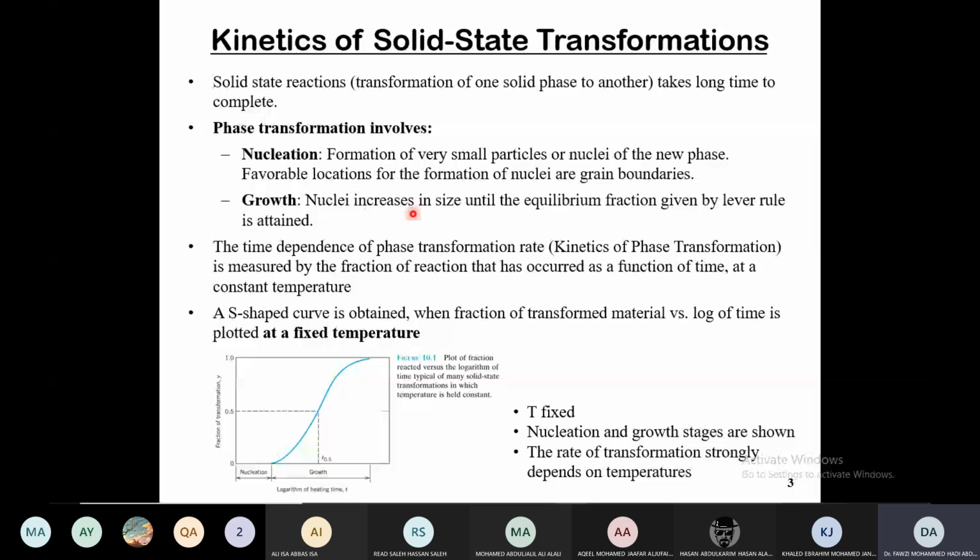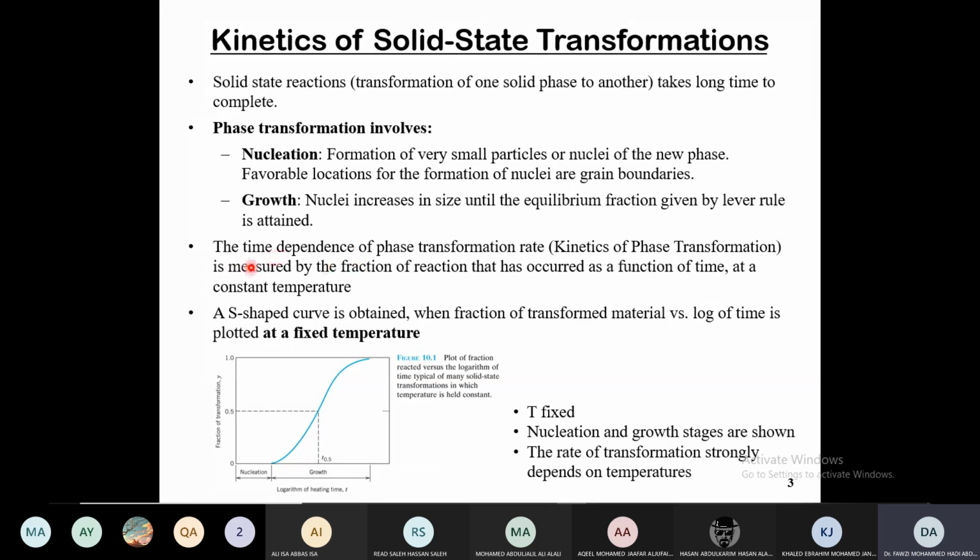Nuclei increase in size until the equilibrium fraction given by the lever rule is attained. They grow bigger and bigger until, in a polycrystalline material, they impinge against each other.